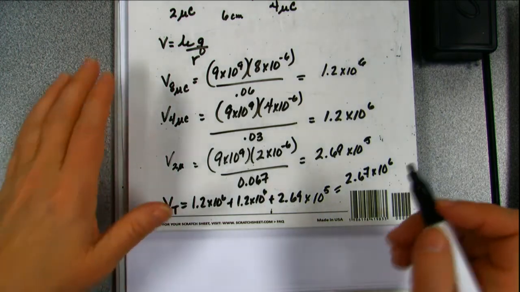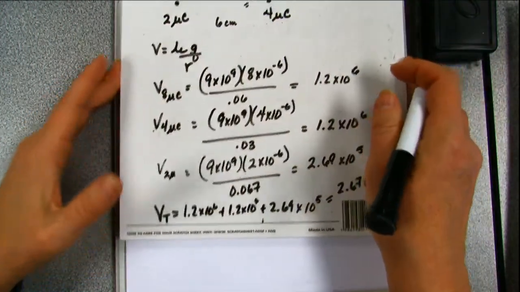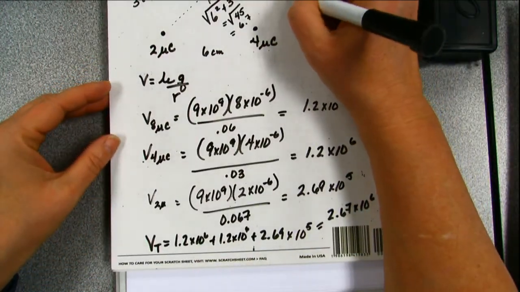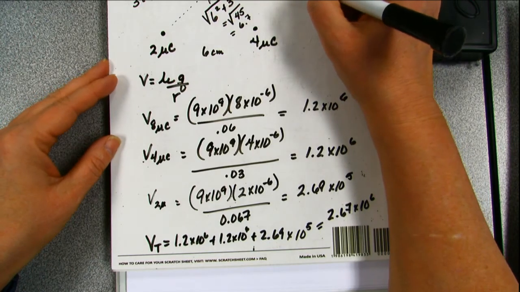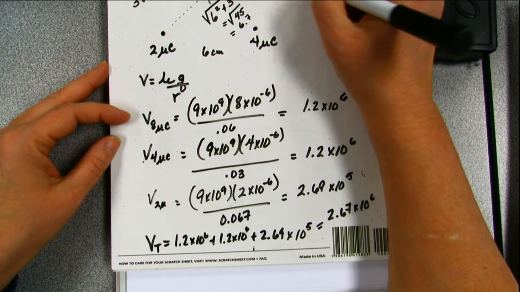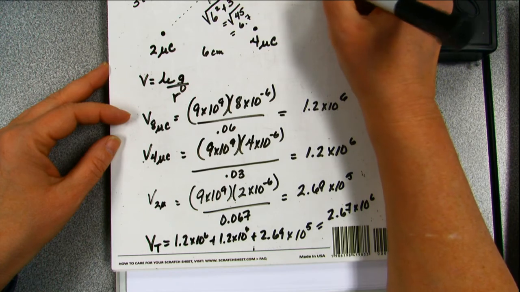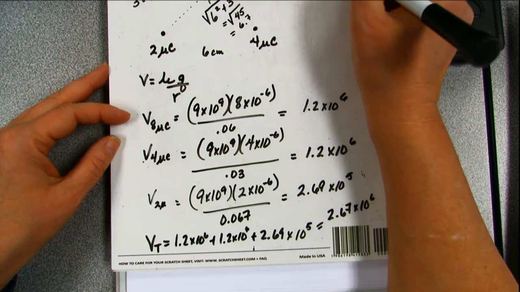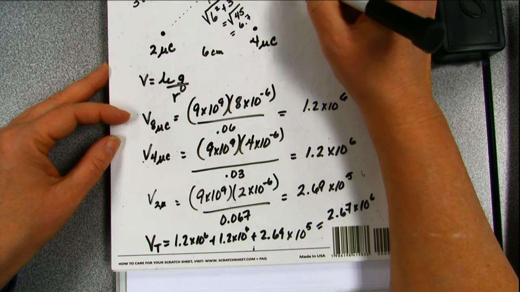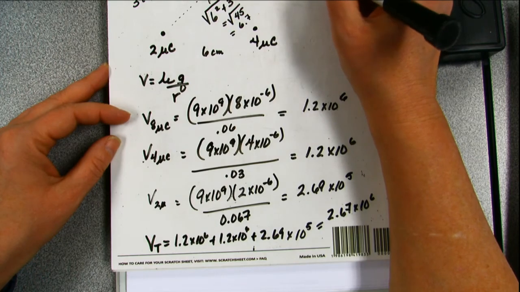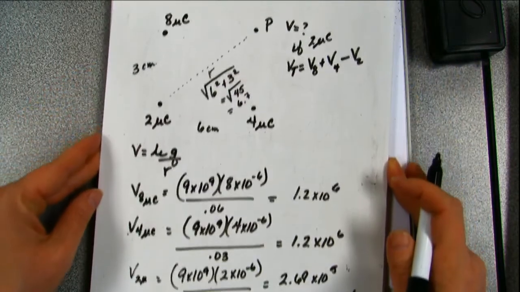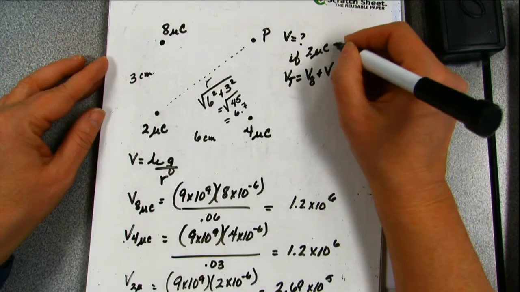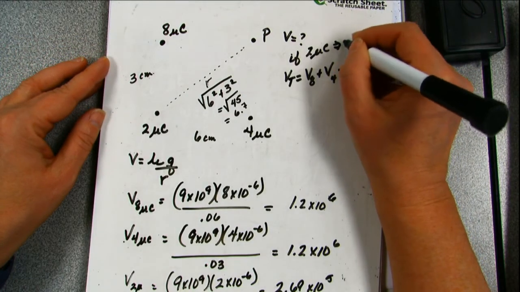And if I do that, so if I put in a negative 2, the total voltage is going to be V8 plus V4 minus V2. And this is if the 2 microcoulomb charge is negative.